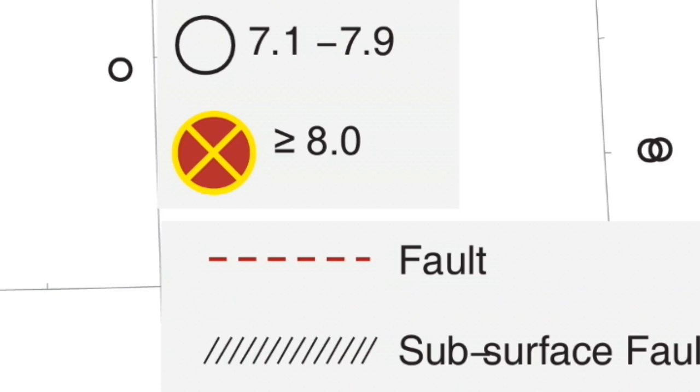The one shown in red and crossed by yellow represents an earthquake of magnitude greater than 8 on the Richter scale.